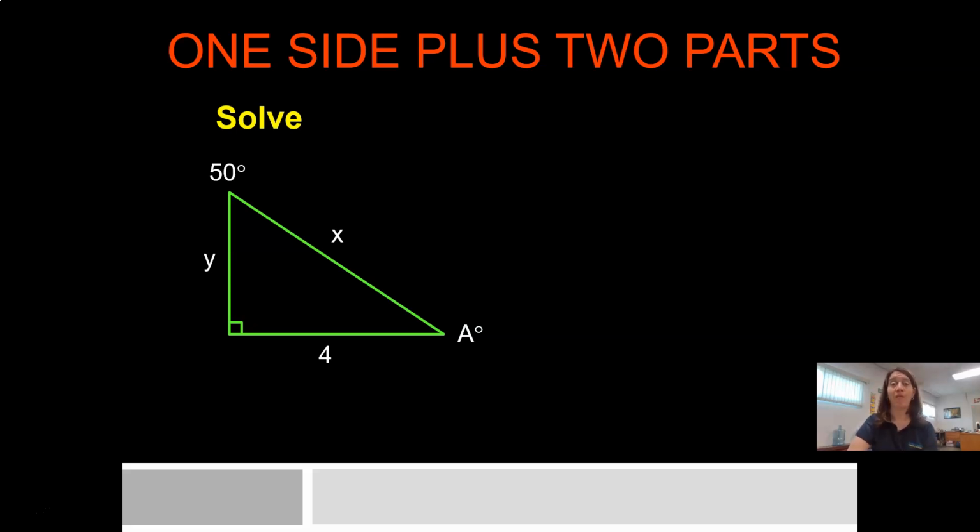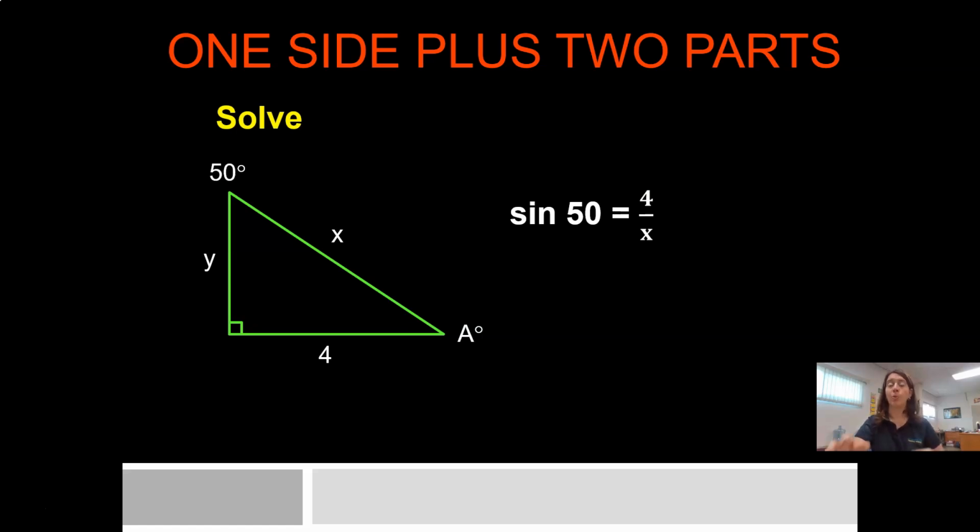In relation to that 50 degrees, the given number of 4 is the opposite side. The X that I'm looking for is the hypotenuse. Which one of my ratios involves the opposite and the hypotenuse? It is the sine ratio. So I said the sine of 50 equals my opposite side of 4 over the hypotenuse of X. Now, to correctly solve for X, there was a little shortcut I had showed you guys, if you remember that.